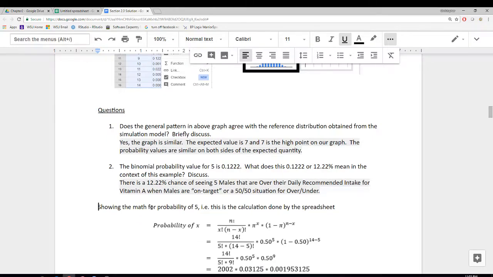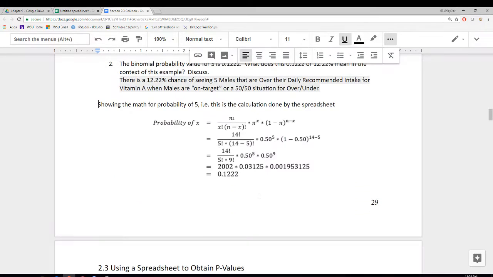Now, the math that actually is being done by the spreadsheet is pretty messy. Up above, I showed you what that formula looked like. Okay, and here, the number of trials is 14. So that quantity is n in this expression. The probability that I'm computing up above here is 5. So x is 5 in this expression. Pi, again, represents that parameter value.